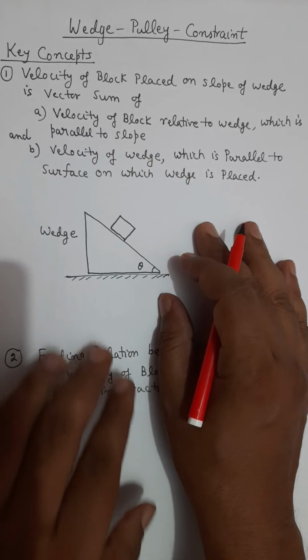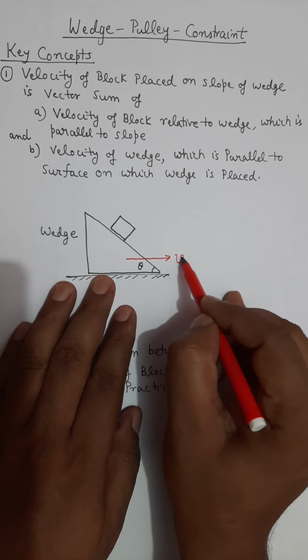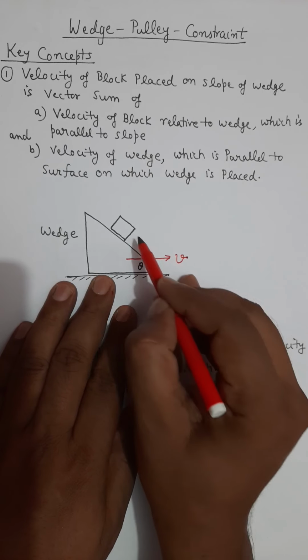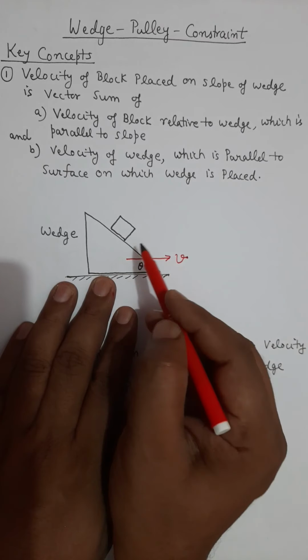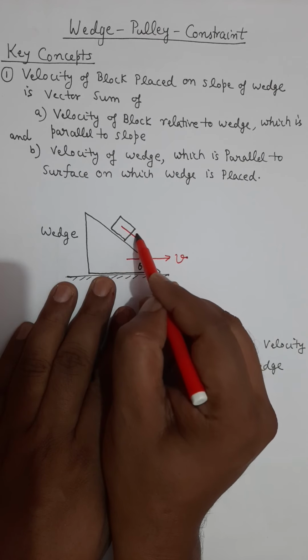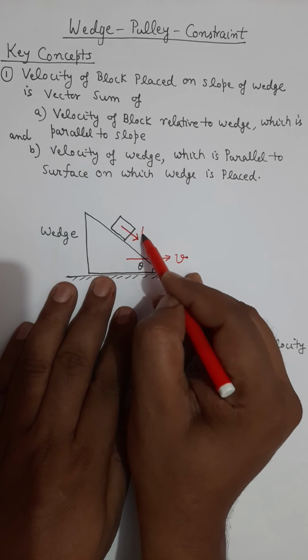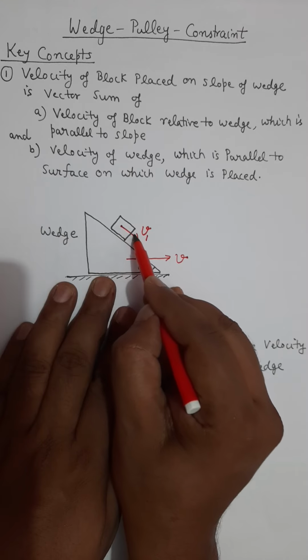Which means if this wedge is moving forward with velocity, say, v, and this block slides down, let's say, with some velocity v1, then v1 is the velocity with which this block is sliding down.